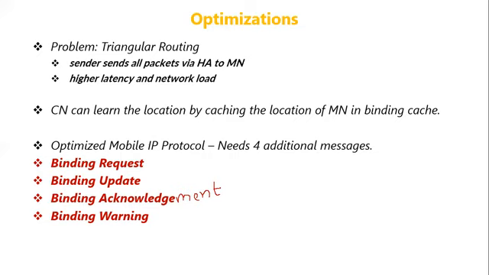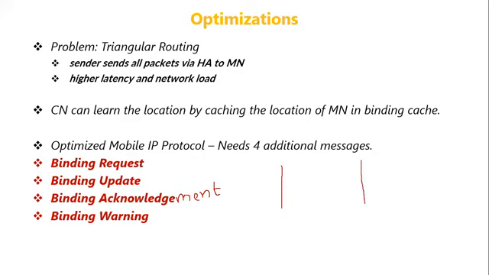When a node places a binding request to the HA for a particular mobile node, the HA will respond with a binding update. After receiving the binding update, this particular node will respond with a binding acknowledgement, which means I have received your binding information. Okay. So I can just draw a diagram for better understanding.